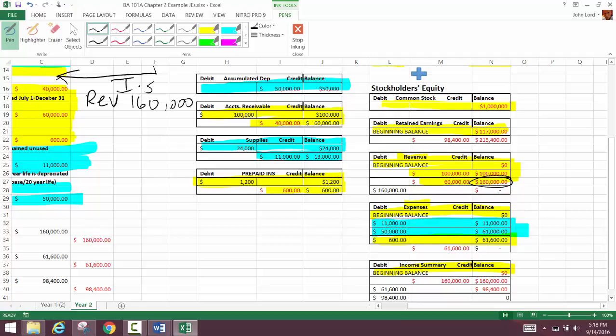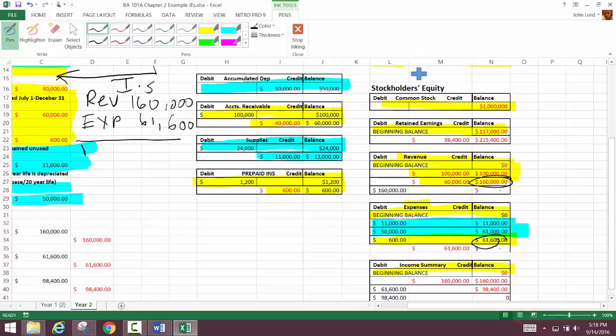Do I have expenses? I have expenses of 61,600. Just pick them up right off the ledger accounts, right? Good.